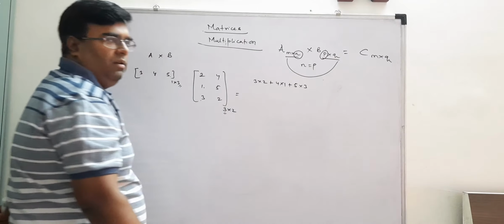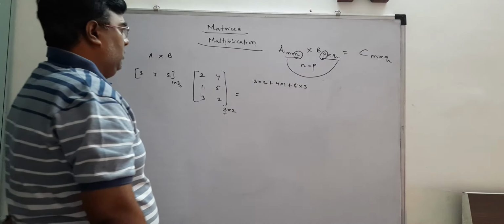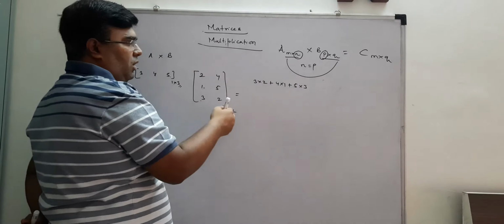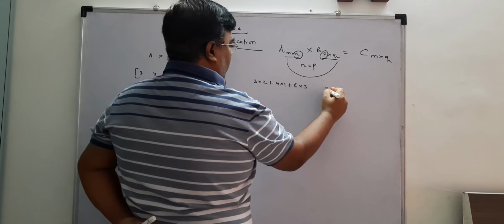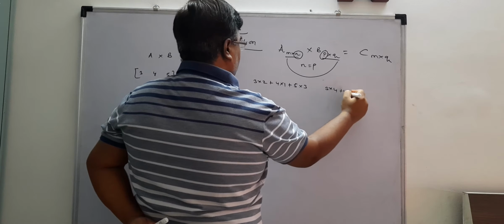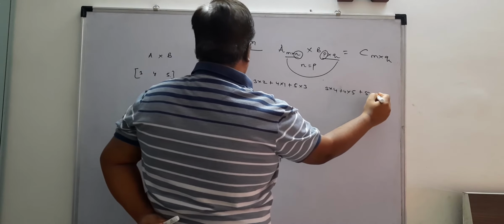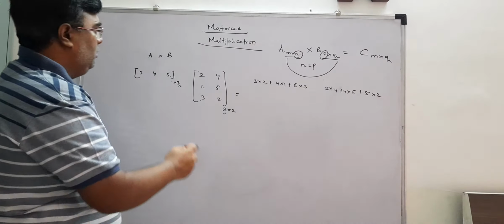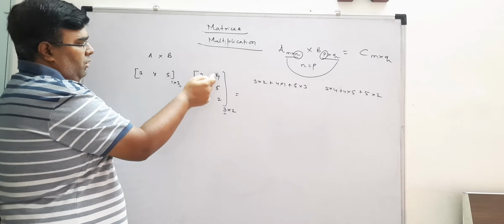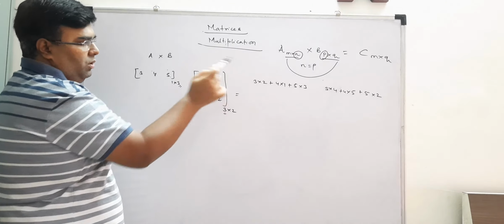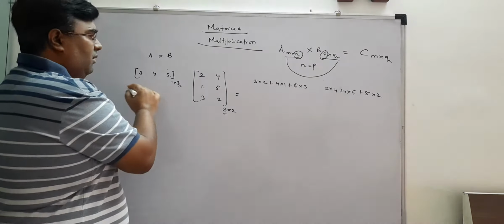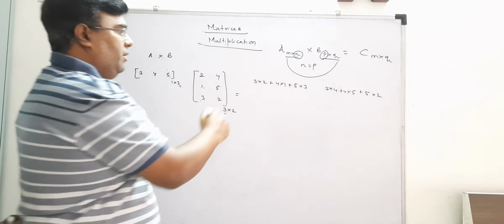Then row 1, column 2: 3 multiplied by 4 plus 4 multiplied by 5 plus 5 multiplied by 2. Now we don't have any other rows, so we will stop.